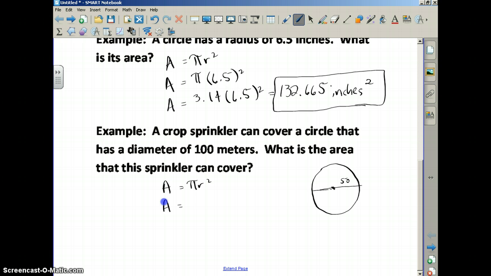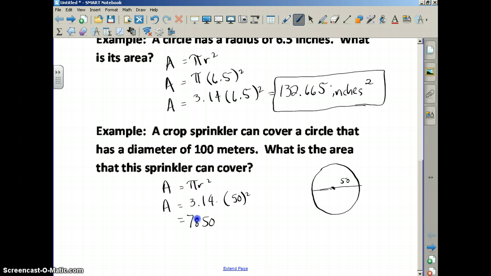A is equal to 3.14 times 50 squared, which is equal to 7,850.